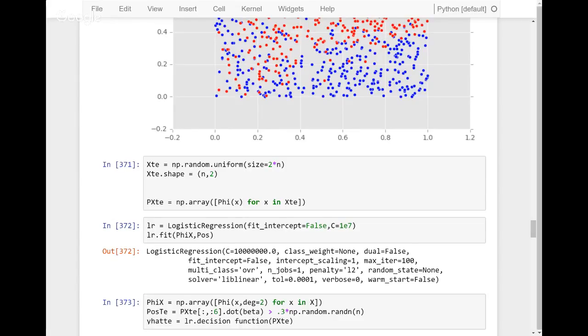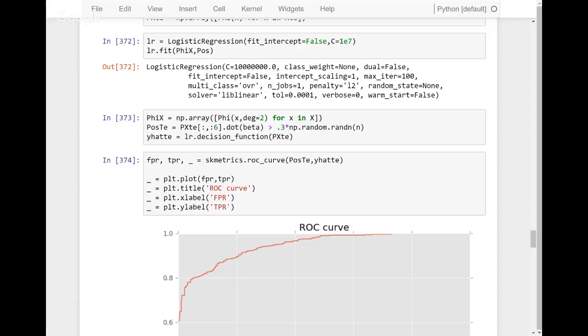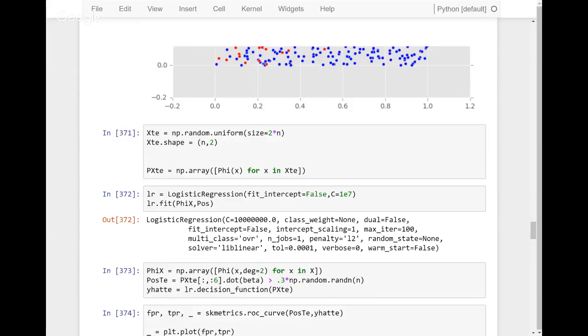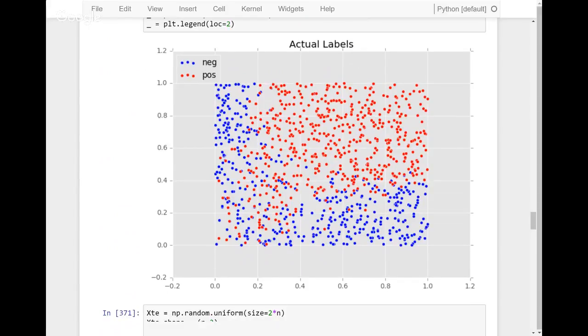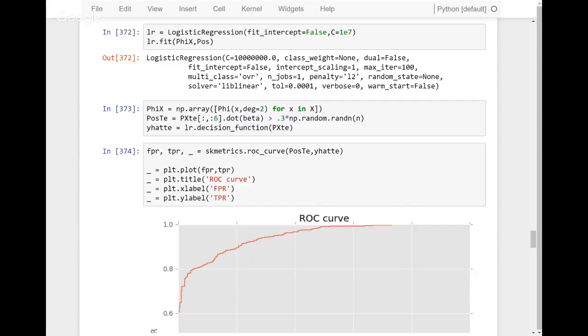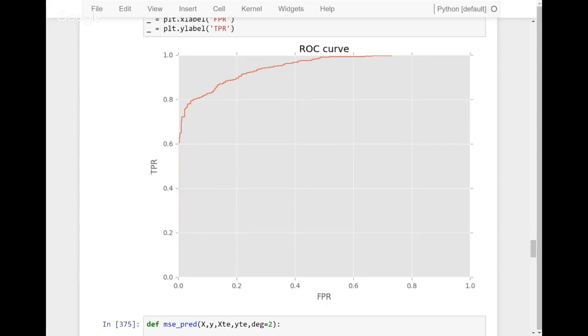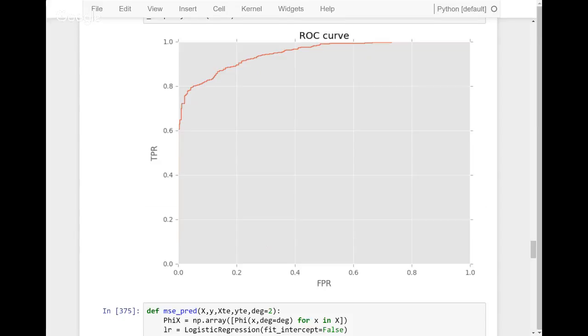What I'm going to do is, in this case, for these actual labels, we could engineer the features with just the quadratic monomials, right? So what we had before. And then we could compute, for example, this ROC curve that we talked about last time. This was the true positive rate against the false positive rate.